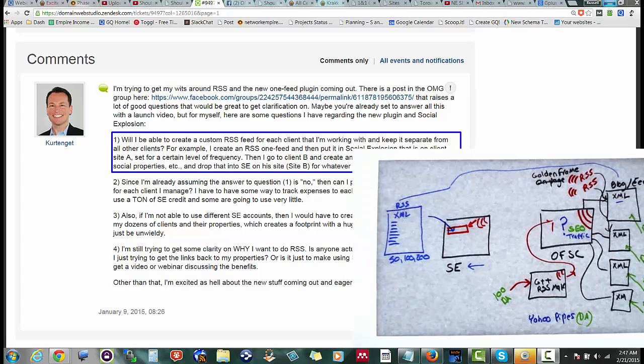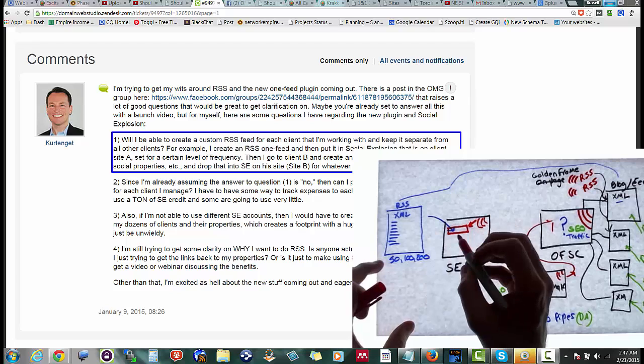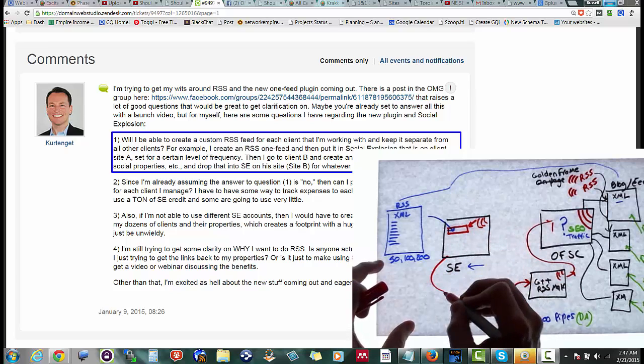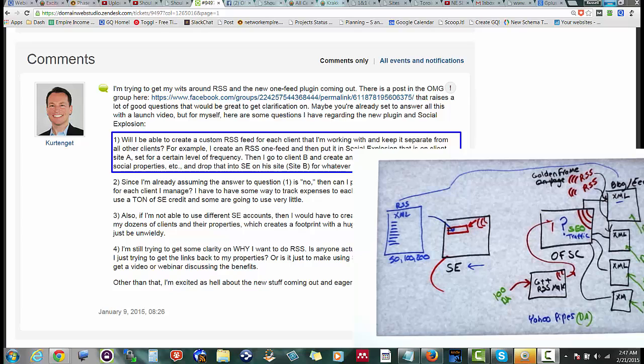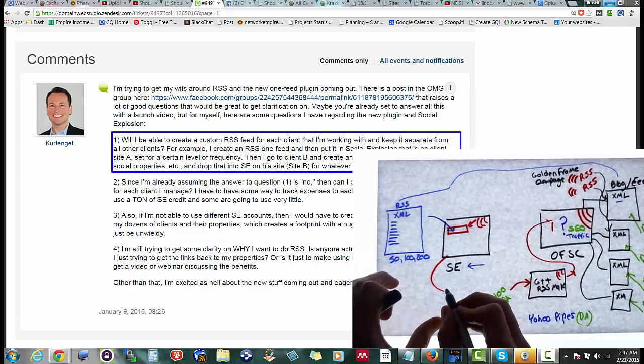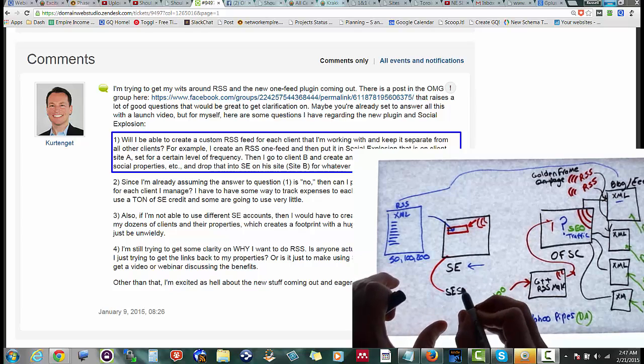Social Explosion is going to take all of those and syndicate them through the Social Explosion Signal Exchange network. It's a network of sites.